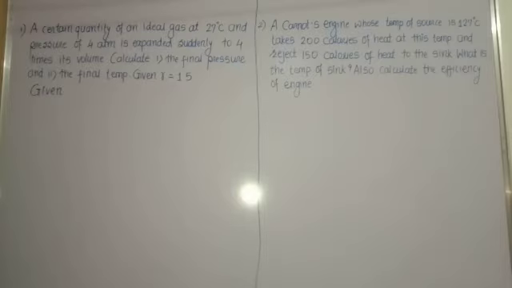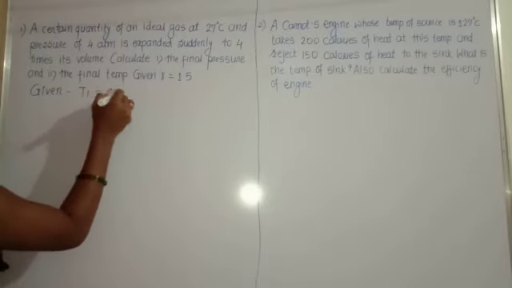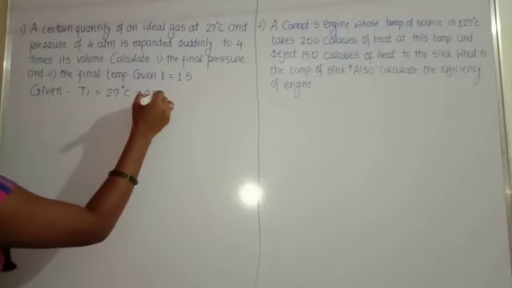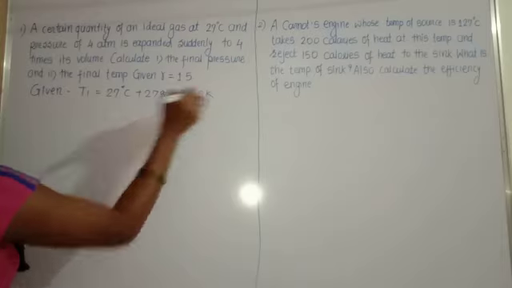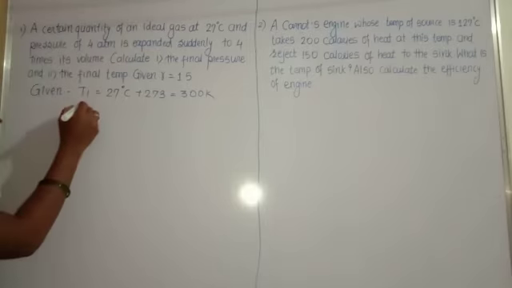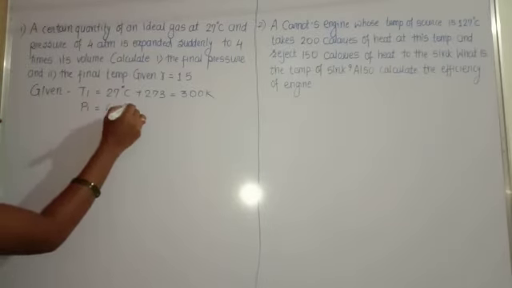Okay, so in this, the given temperature, that is T1, is equal to 27 degrees centigrade. So we convert this by adding 273, which equals 300 Kelvin. This is the T1. Then according to the numerical, P1, the initial pressure, is given as 4 atmospheric.